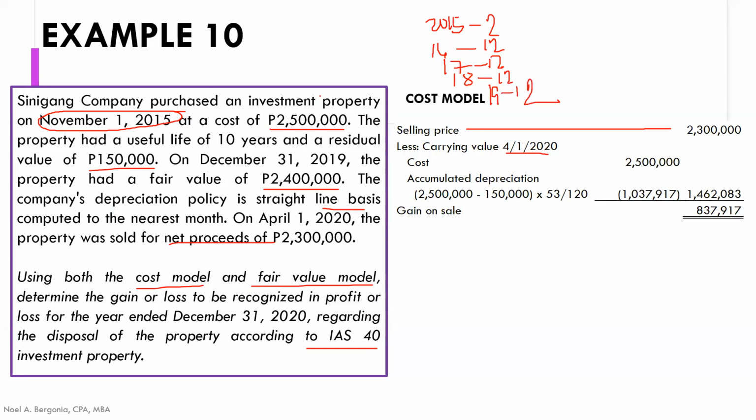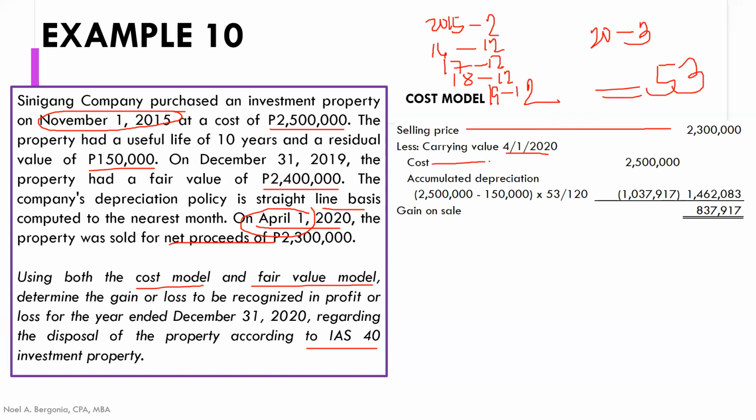And then in 2020, it was disposed on April 1. So, January, February, March only. April is not included because it's April 1. So in 2020, we have 3 months. If you add them all, the elapsed months is 53 months. Why do I compute that? Because we need it for the computation of the carrying value.